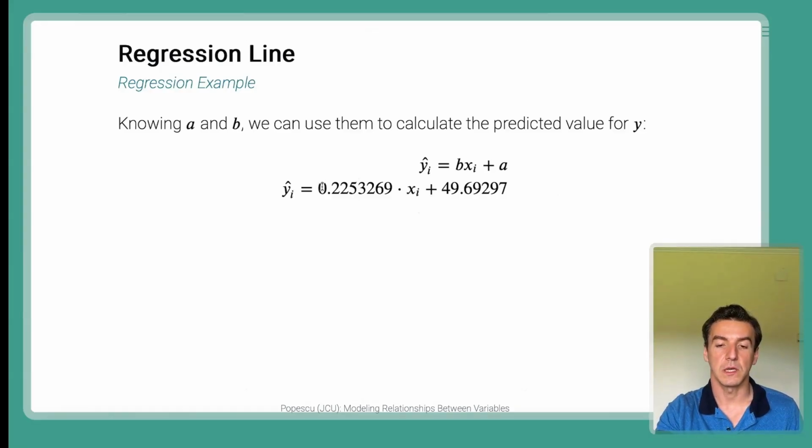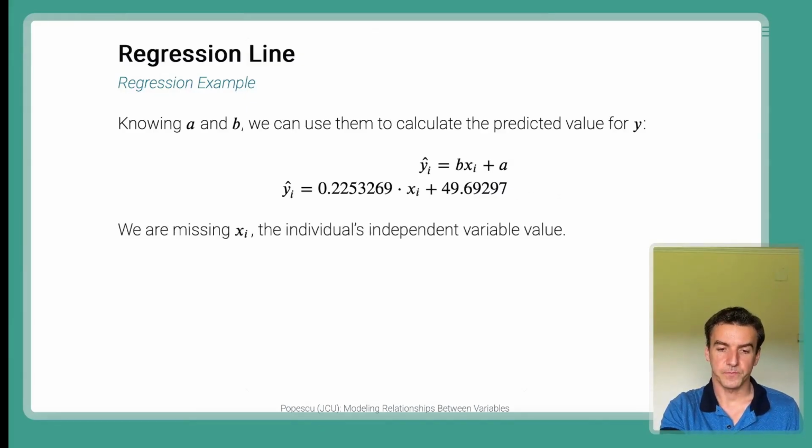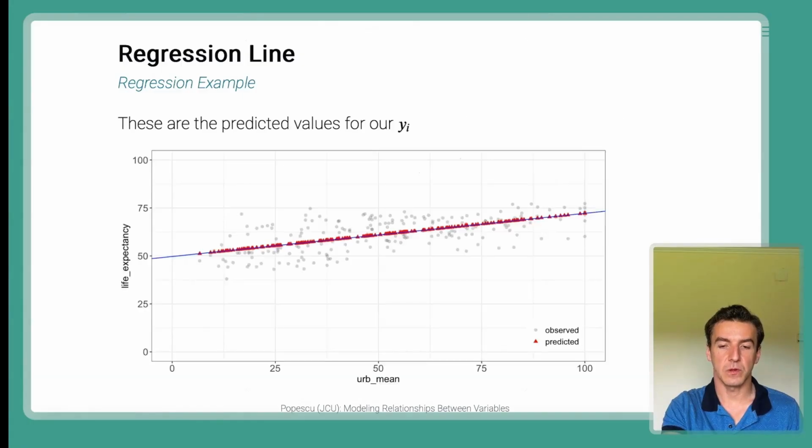These are numbers that we calculated a few slides ago, and this is the alpha or the A, which is what we just calculated. So the only thing that we're missing is the xi, which are the individual independent variable values. So this is what we get.